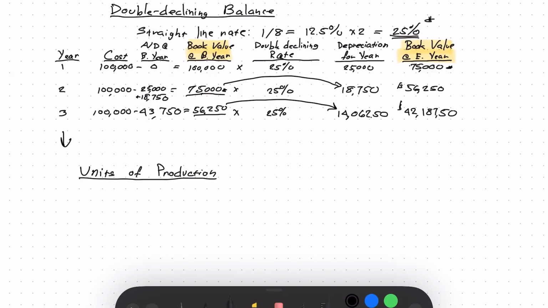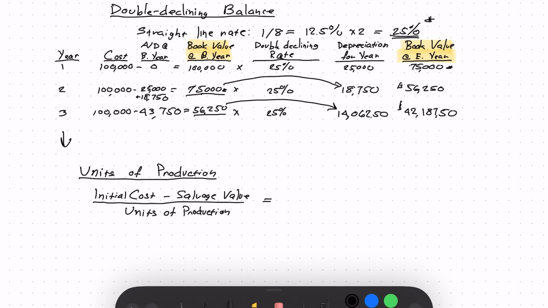Using our same items, right? We had our initial cost. And what we're going to do from this, I'm just going to write the formula first. We're going to take our initial cost minus our salvage value. Remember, salvage value can also be called our residual value. And for this, we are going to divide it over our units of production.